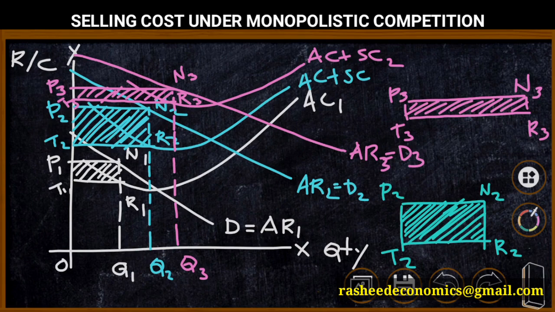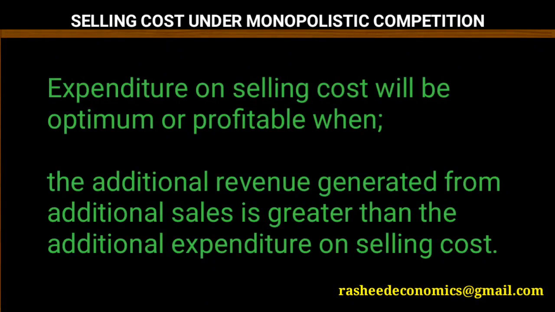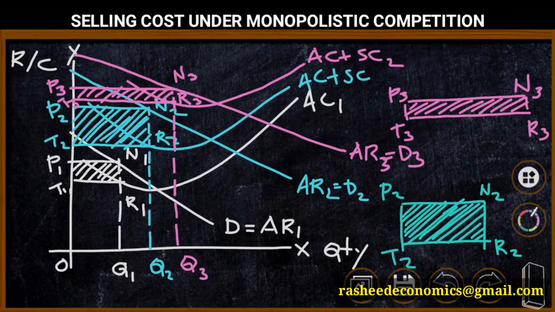Therefore, optimum selling cost is attained when the additional revenue generated through selling cost is more than the real expenditure of selling cost. Here in this figure, the initial expenditure on selling cost is optimum, and a higher amount of selling cost generates only lower levels of abnormal profit.